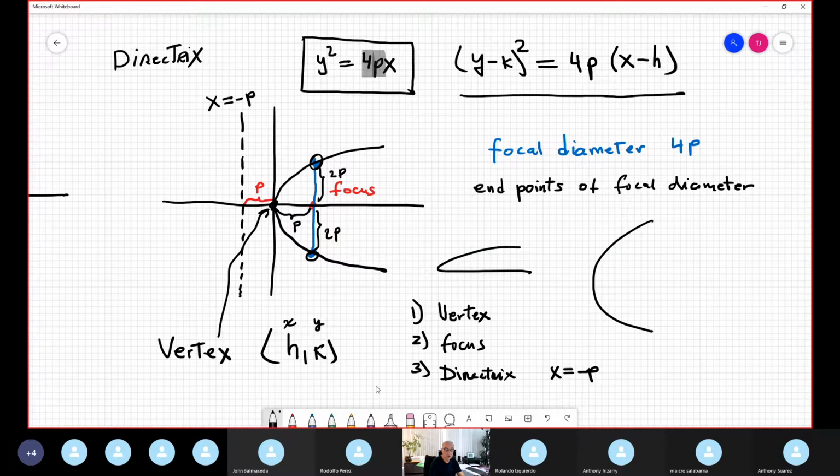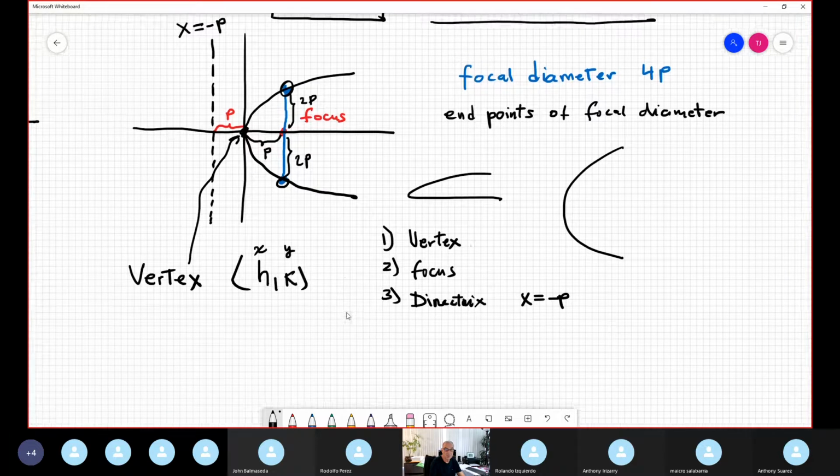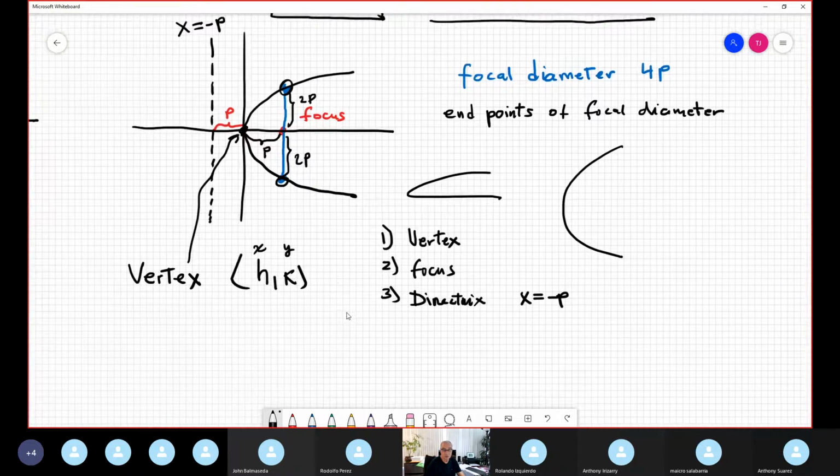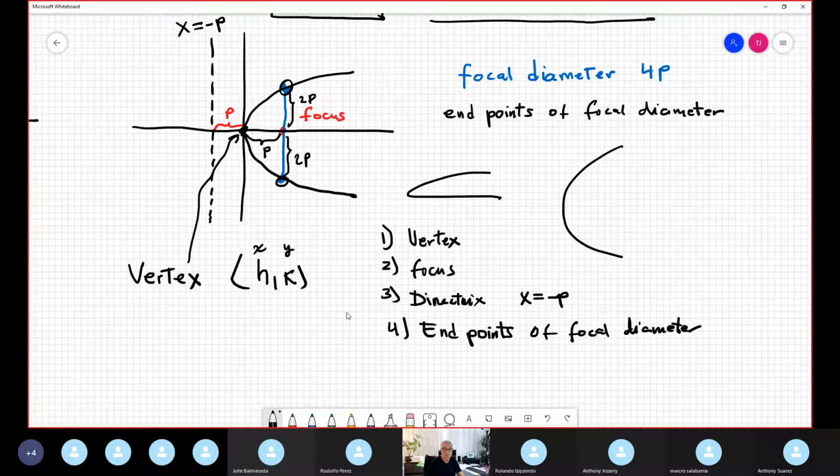And number four, endpoint of the focal diameter. End the story. 1 point, 2 point, 3 point, 4 point, and 1 line. Define perfectly the parabola. Clear?